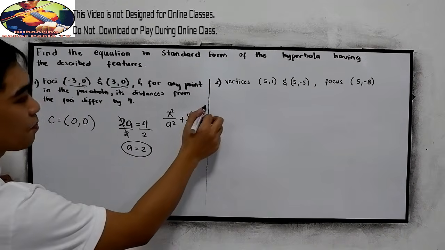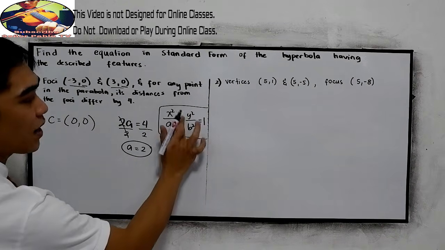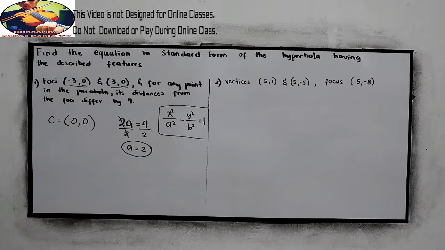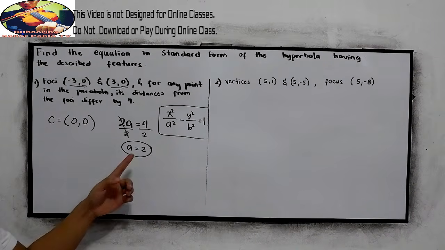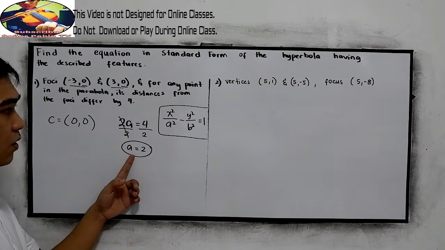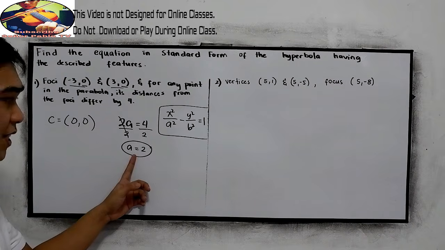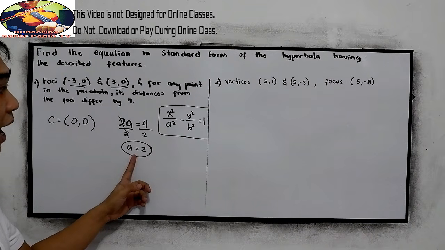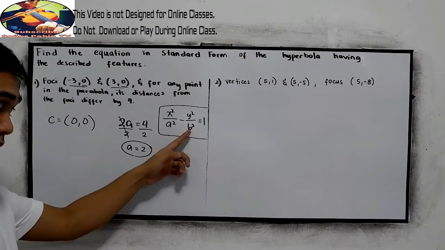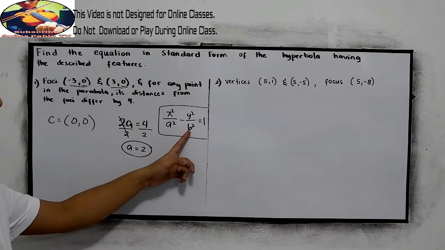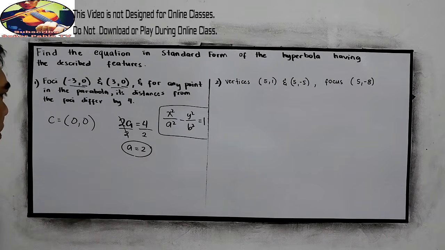Okay, we are expecting this form, or it can be minus. Now, we have a value for a. What we need to do is find the value for c, and of course, b. So let us find first the value of our c.